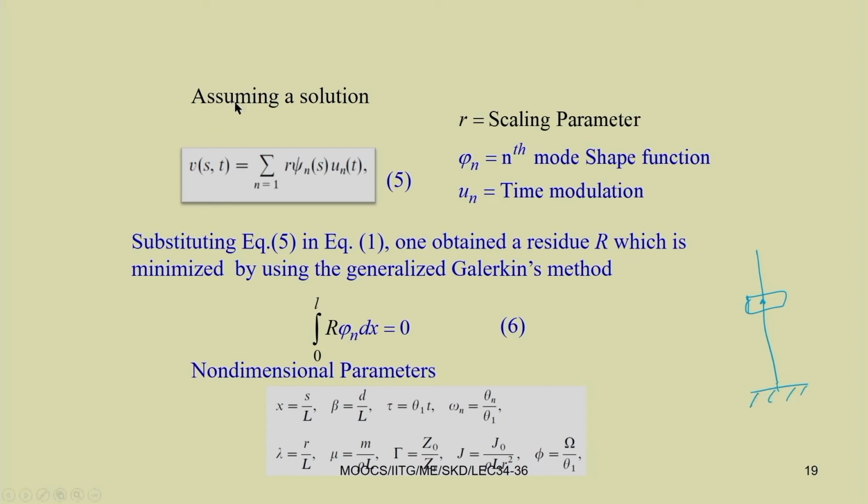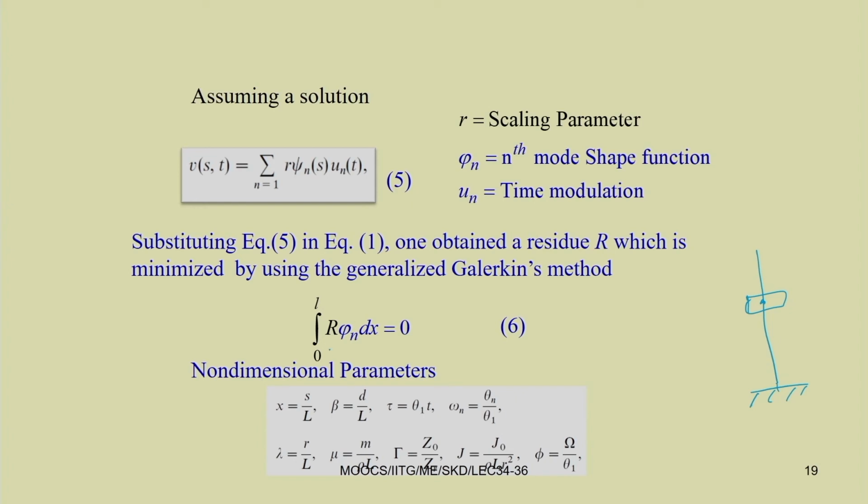Now, assuming this solution, this assumed mode solution, and applying Galerkin's method, we take a weight function r. We can take the residue by substituting this V s t in the original equation. As the assumed mode shapes we are taking do not satisfy the governing equation, we will have some residue.